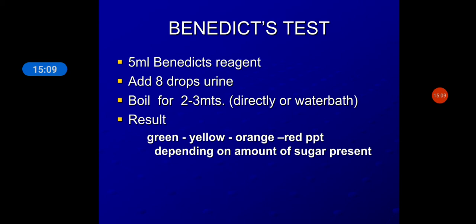There you will get a precipitate, and that precipitate depends on the amount of glucose or sugars present in the urine. You can range it depending upon the color: green, yellow, orange to a red precipitate, depending on the sugars present.